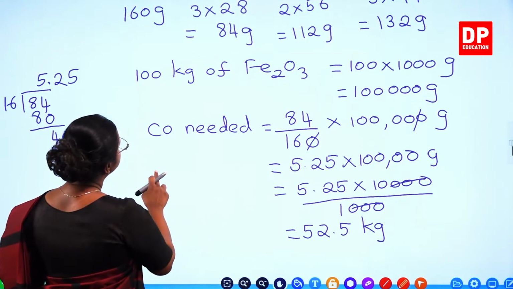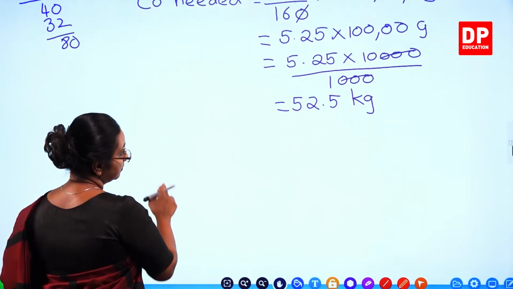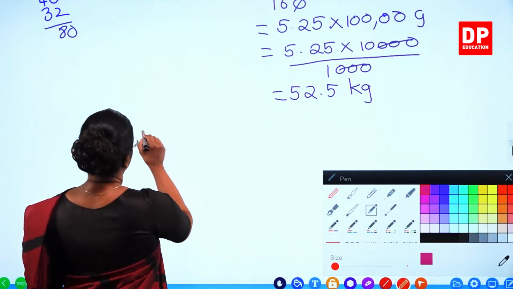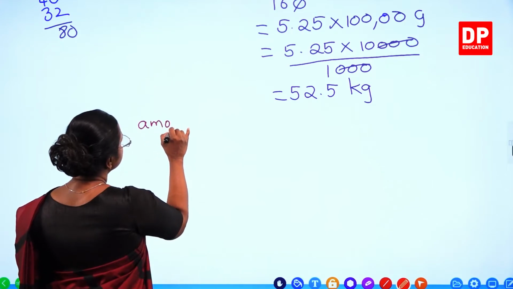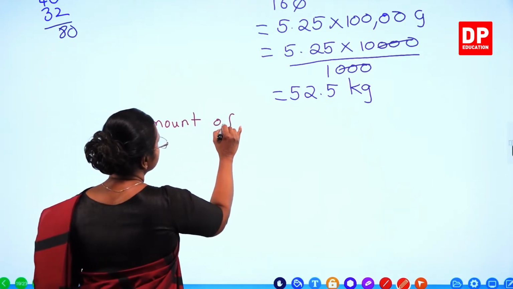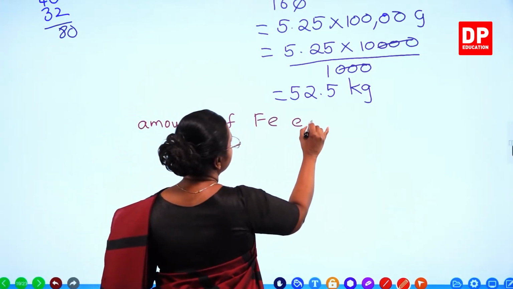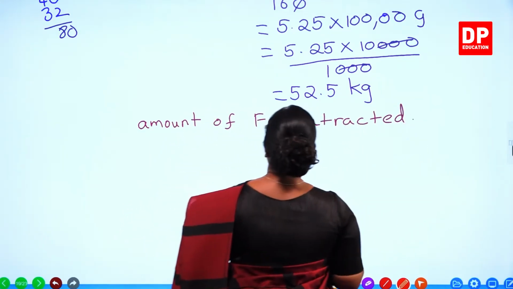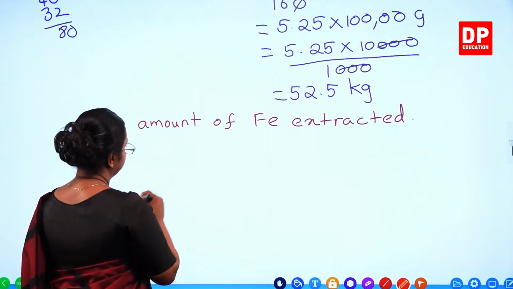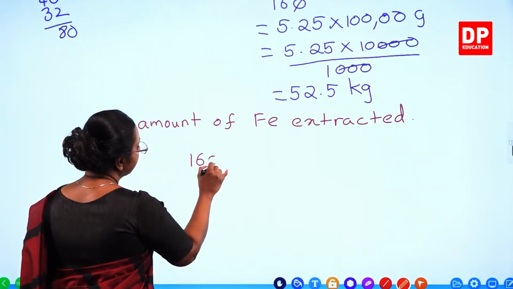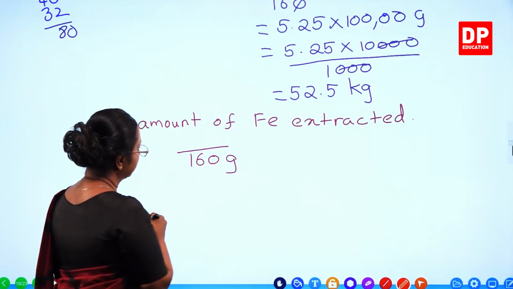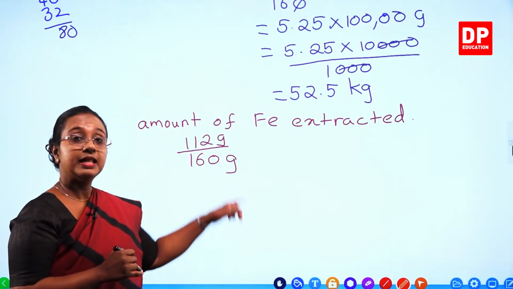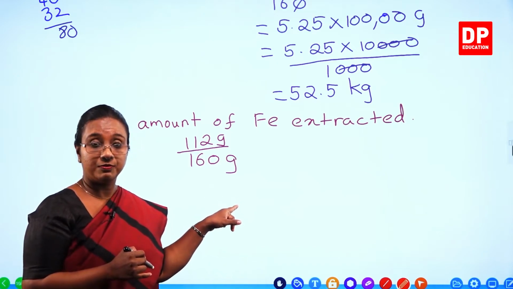Like that, let's calculate the amount of iron that we will get, the amount of iron extracted. What is that going to be? If you take 160 grams of hematite, you will get 112 grams of iron. That is what we calculated before.